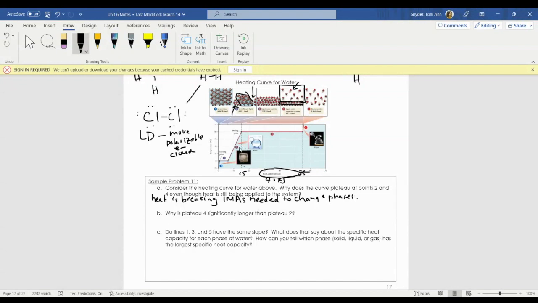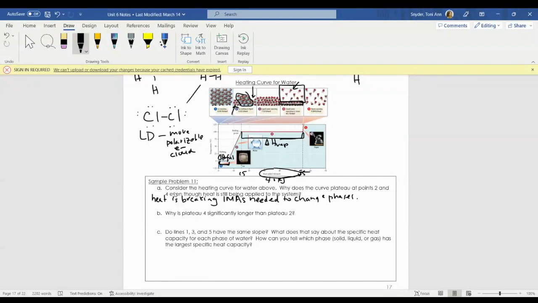Question 2 is asking, why is plateau 4 so much longer than plateau 2? If I notice, I have to input a heck of a lot more energy to vaporize water than I do to melt water, or to melt ice, okay? We can compare the enthalpy of fusion, this right here, versus my enthalpy of vaporization. I could compare those values by looking at a heating curve.